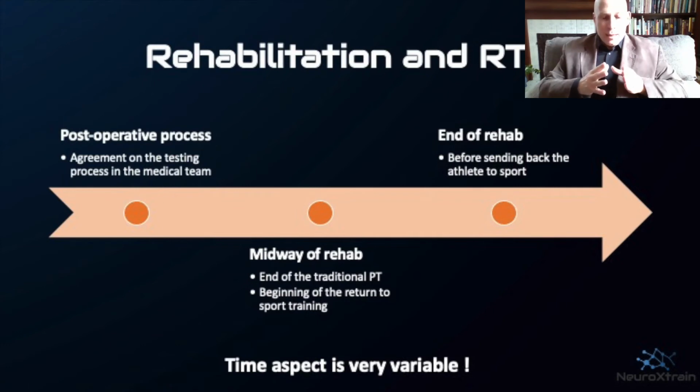But as soon as the medical team is comfortable doing those 2 tasks and your balance and strength tasks, you get that data, and then midway through the process of rehabilitation, so say at the end of your traditional physical therapy and at the beginning of your return to sport training, and then at the end when you're getting ready to release them back to sport.